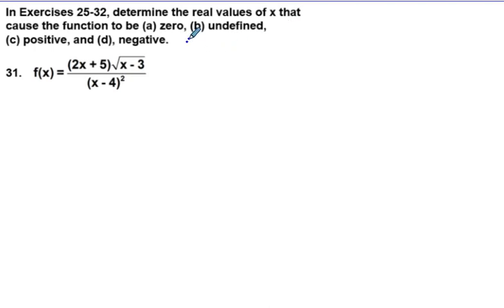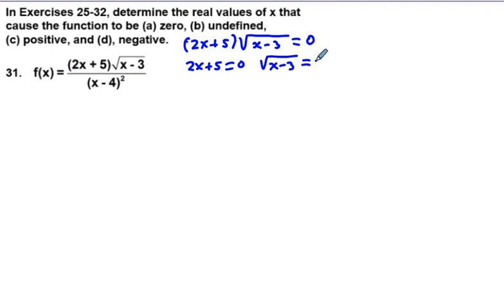I'm going to put this quantity 2x plus 5 times square root of quantity x minus 3. We're going to set that equal to 0. And so we're going to have 2x plus 5 is equal to 0, and we're going to have this square root of x minus 3 is equal to 0.